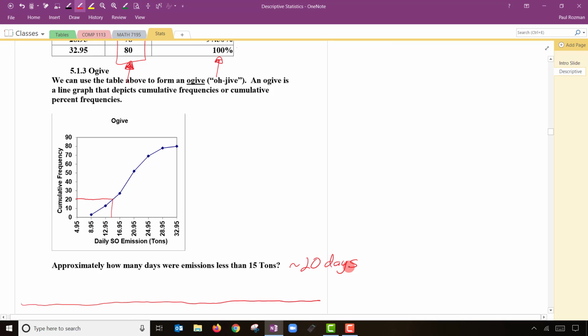Even though I don't have a data point for that, I can come up with a reasonable interpolation as long as I'm between. I wouldn't want to go beyond the data set necessarily to make predictions, but I can at least predict within the data that I have.